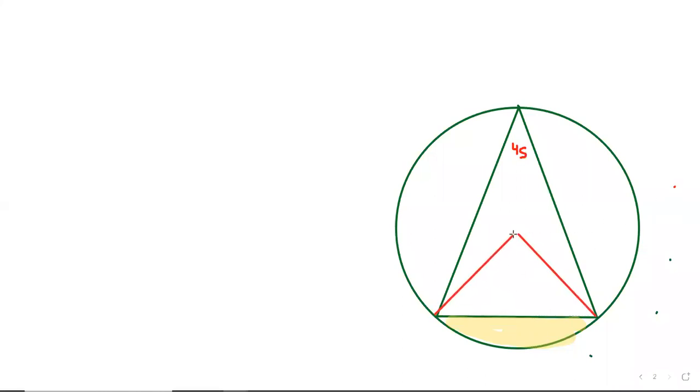Because if the central angle and the inscribed angle are bounded by the same arc, the size of the inscribed angle equals half the size of the central angle. So the central angle here is 90. Theta equals 90 degrees, and theta in radians, the same angle, is pi over 2.